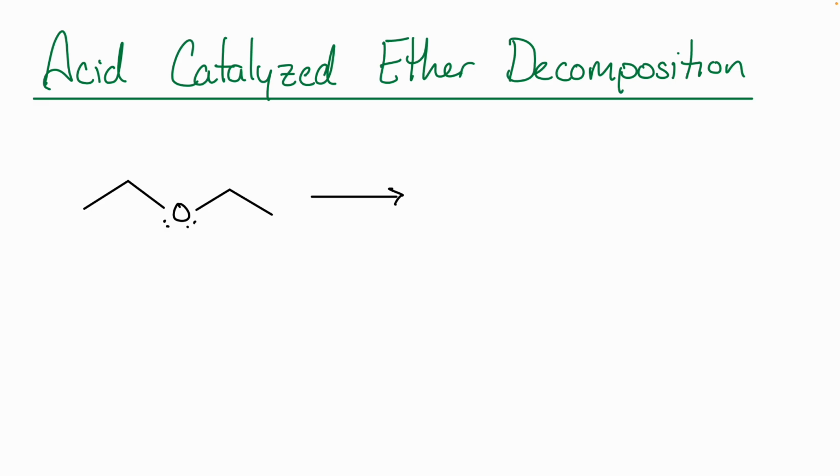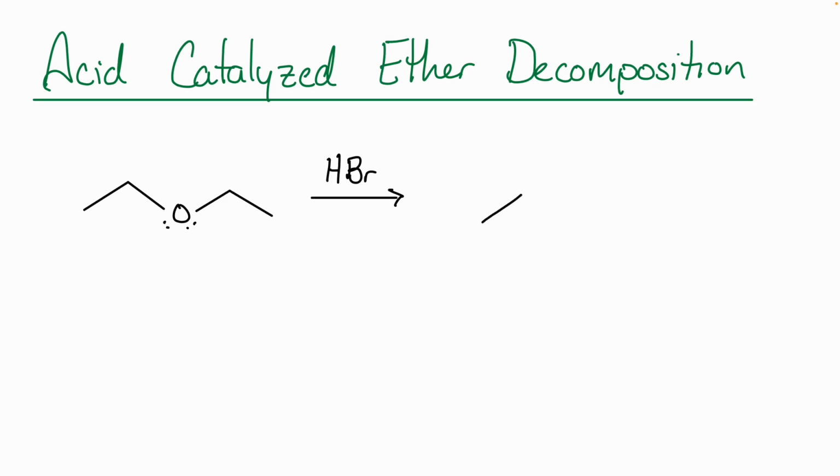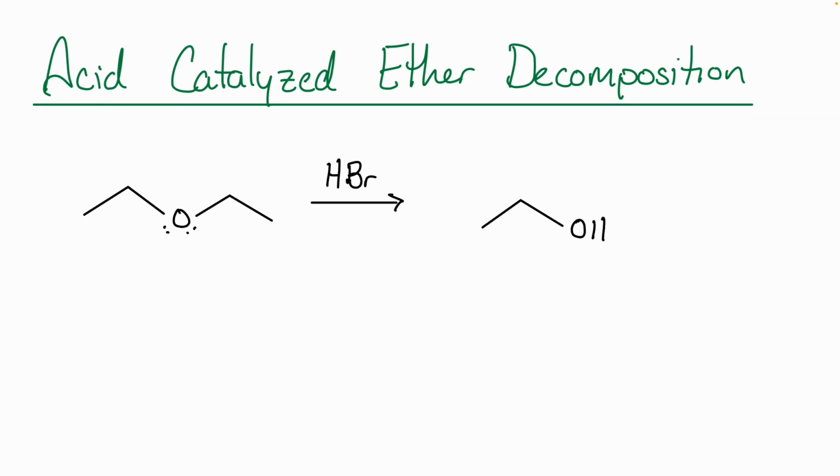So again, this takes place under acidic conditions, but specifically using one of those hydrohalogen acids. So hydrochloric acid, hydrobromic acid, hydroiodic acid, one of those strong hydrogen halogen acids. Okay, and this will have the effect of decomposing our ether, breaking it up into an alcohol and an alkyl halide.